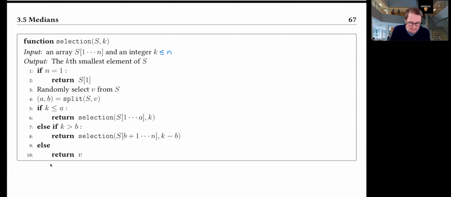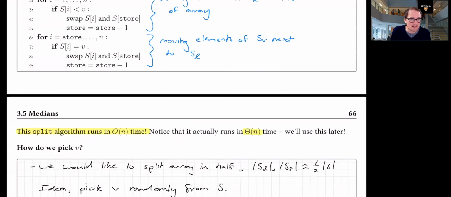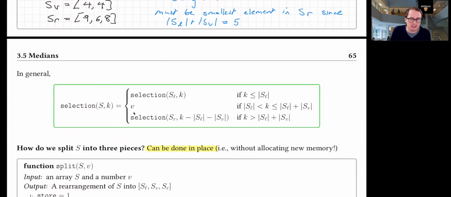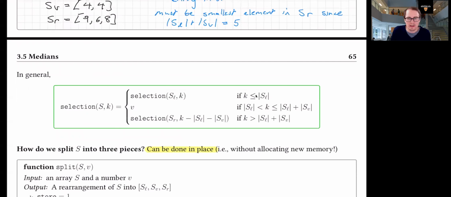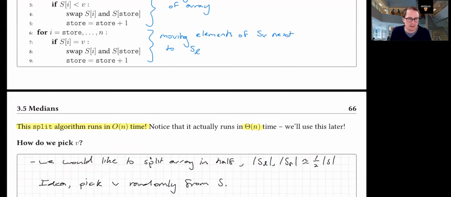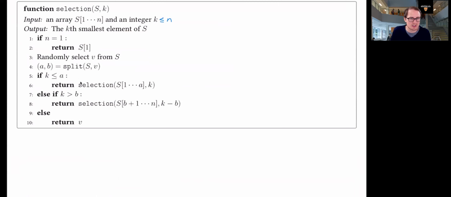And then this is exactly implementing the selection definition here, right? Where this S left is A, and the number of elements in S left plus SV is B. So if you look, this is just the selection rule. So if K is less than or equal to A, then we just search for the kth smallest element in S left.